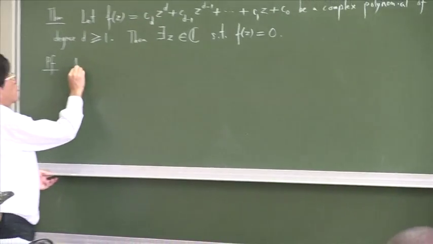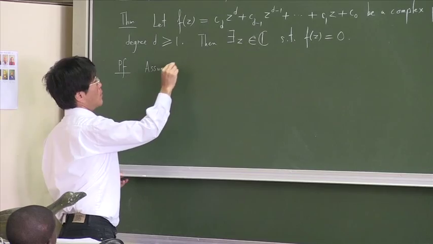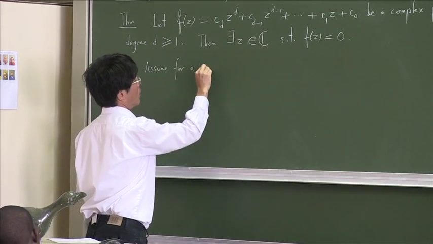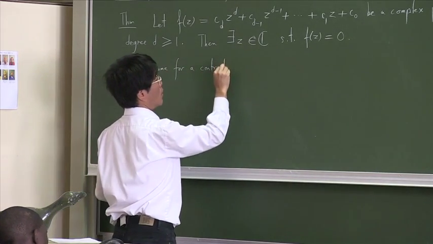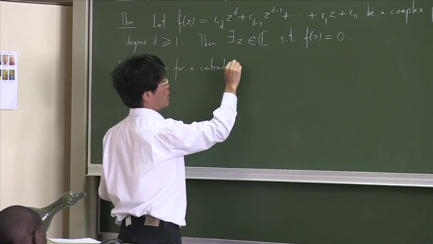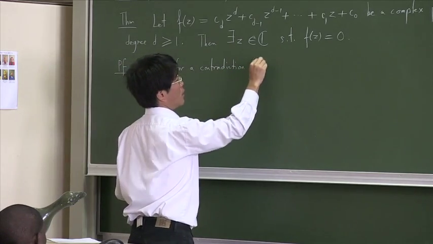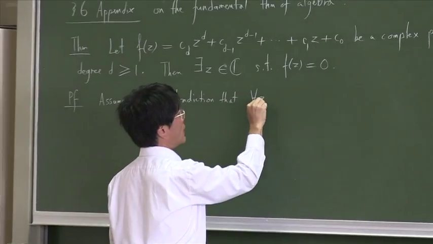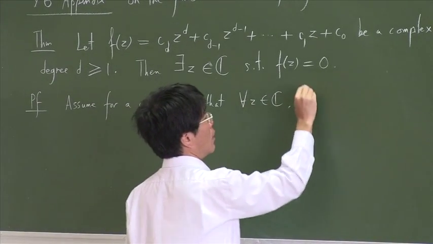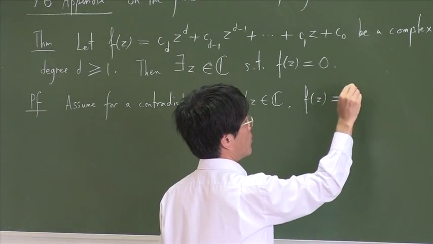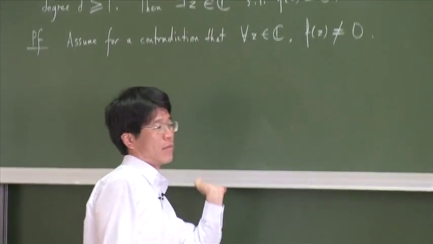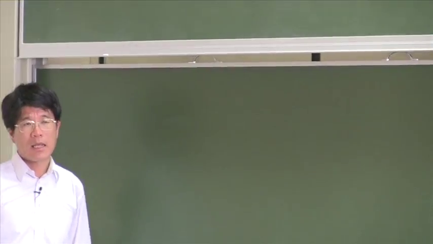So assume for a contradiction, I'll show you the picture in a moment, that for all z, f of z is non-zero. Okay.